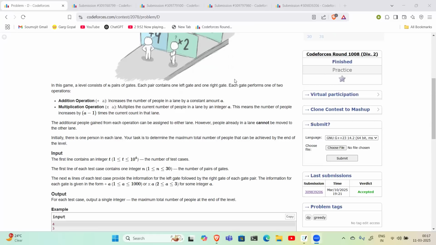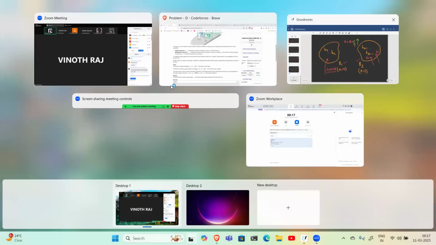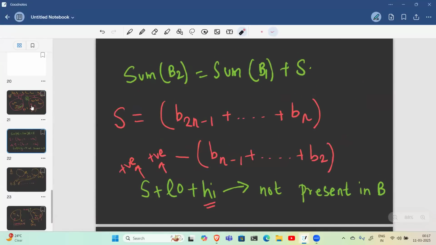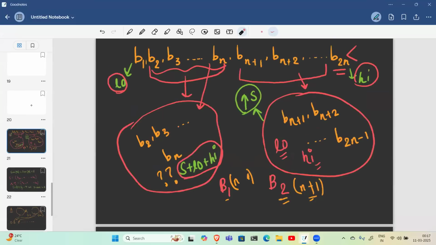Okay, so there's a doubt with the last problem. Naivedyam asks, can we give a formal proof why S plus low plus high is unique and not contained in any bag? I think we had an almost formal argument here. S plus low plus high is greater than high, right?